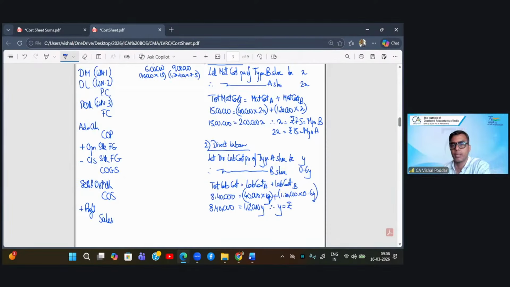It is 7.5, which is labor per unit of A. And then 0.6Y is equal to 0.6 of 7.5, which is 4.5. This is labor cost per unit of B. Correct, students? So again, same working here.